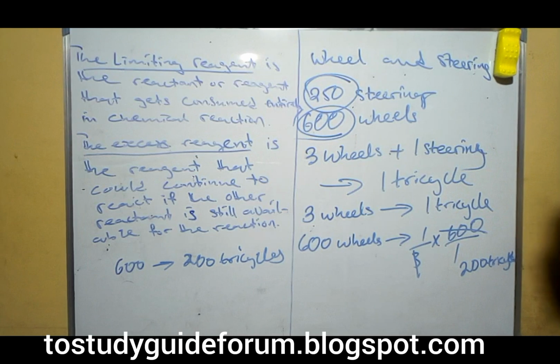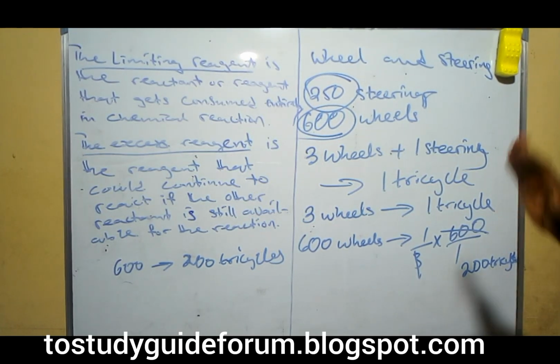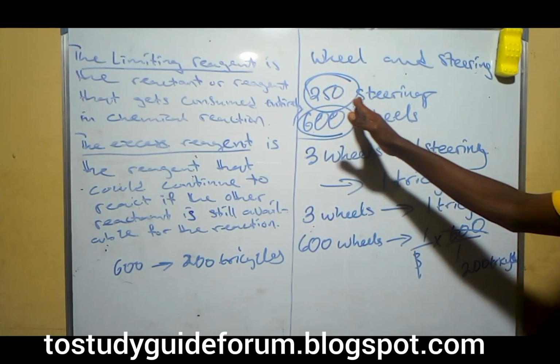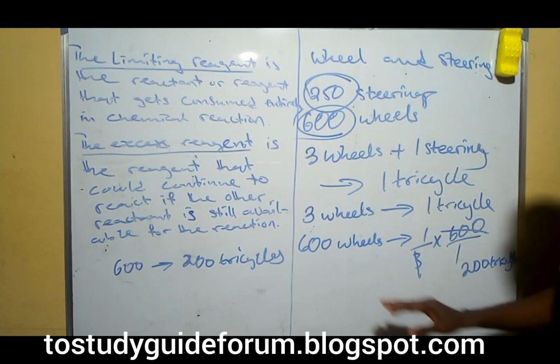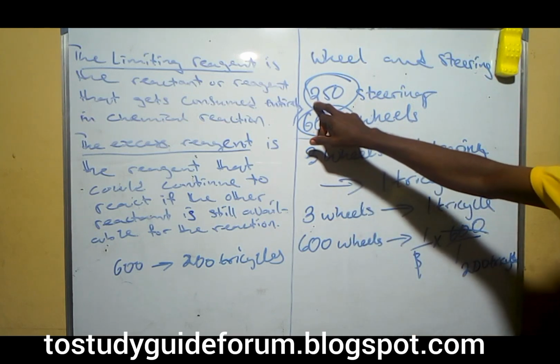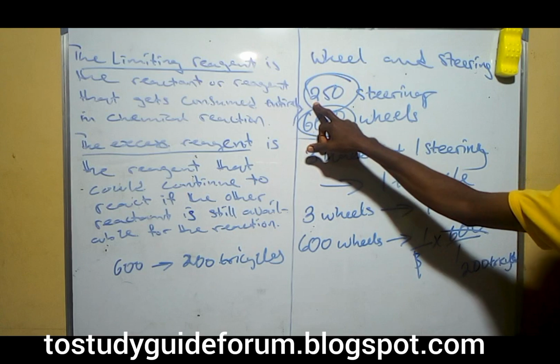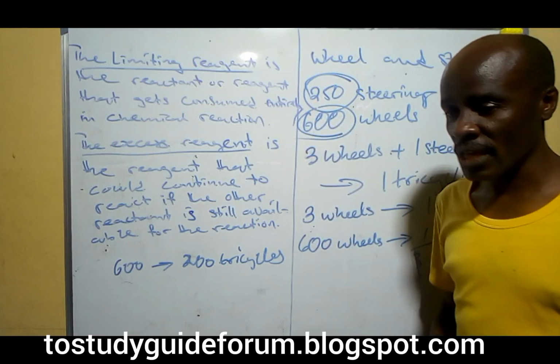Another one we're going to look at is to find the number of tricycles that we produce when we use 250 steerings.